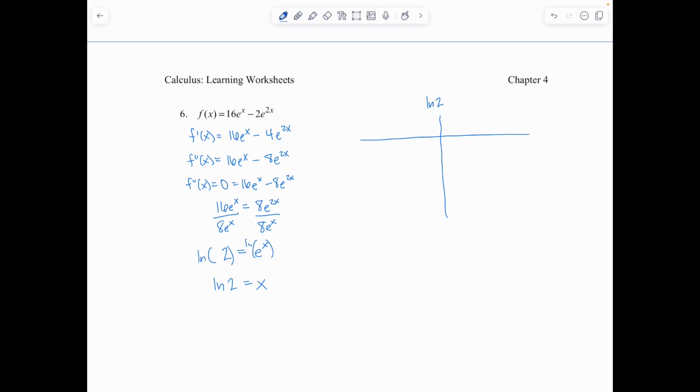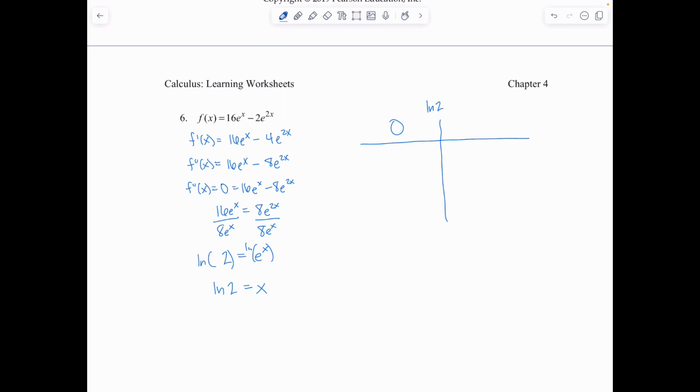A number less than natural log of 2 could be 0, and a number greater than natural log of 2 can be 2. To determine this, just put natural log of 2 in your calculator, and then it'll give you the decimal so that you'll be able to determine numbers greater than and less than.